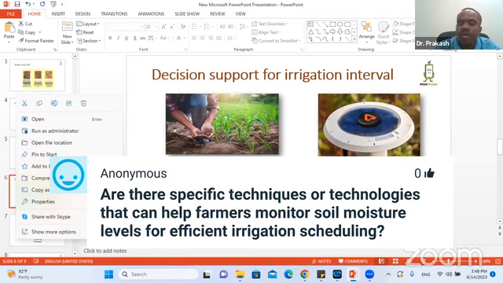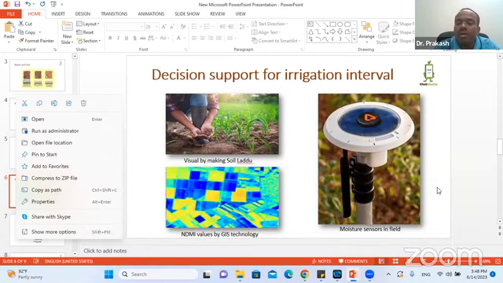We have tied up with Arable, a US based company, and we can provide this moisture sensor whenever there is a farmer requirement, or any audience can connect with us. We can provide moisture sensors with the help of Arable technology, a US based company.